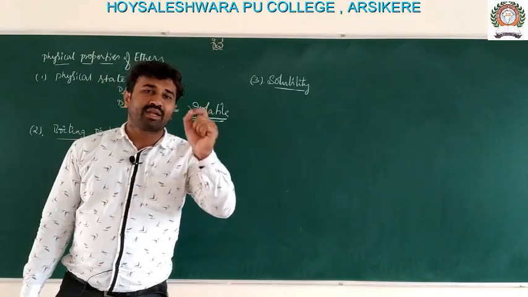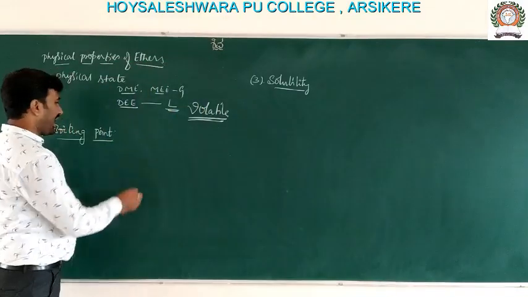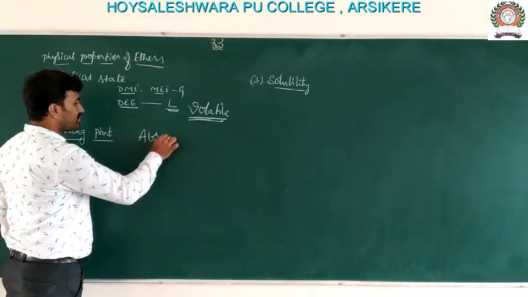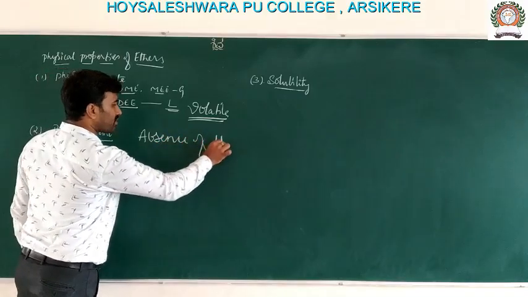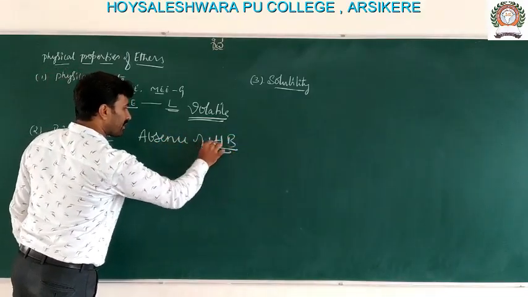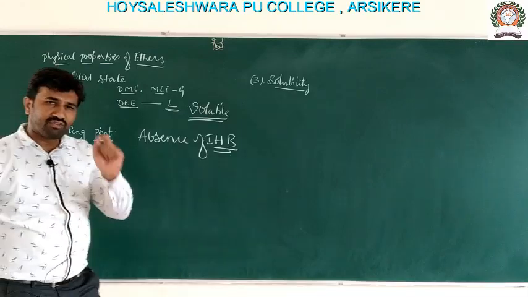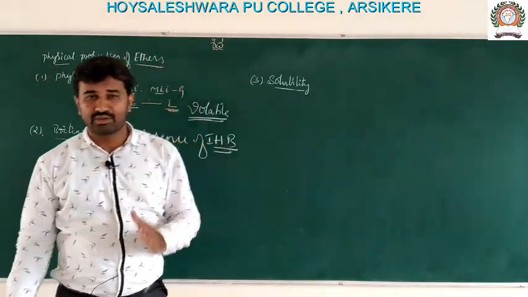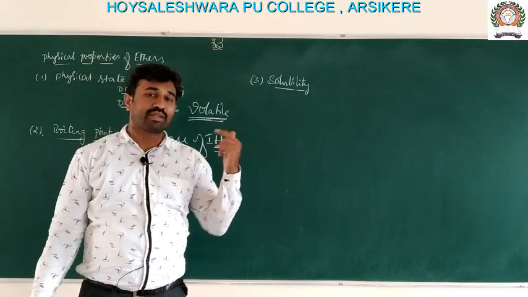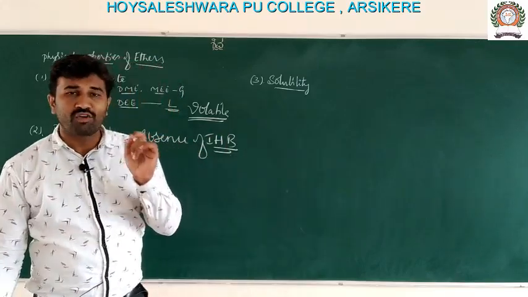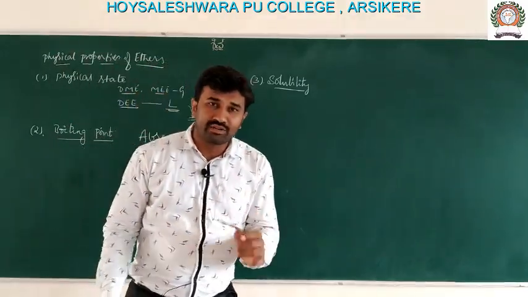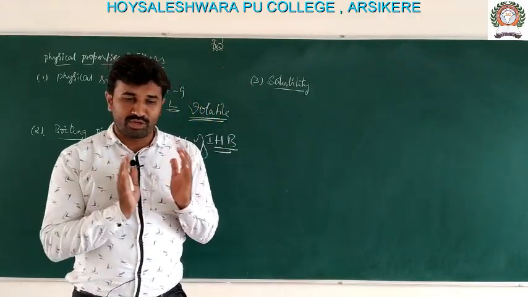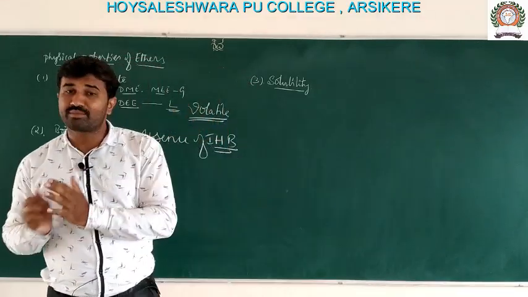Alcohols have higher boiling point, because of the formation of what? Hydrogen bonding. Ethers are highly volatile because of the absence of intermolecular hydrogen bonding. We have discussed in the alcohols that alcohols have higher boiling point because of hydrogen bonding between one molecule of alcohol and another molecule.